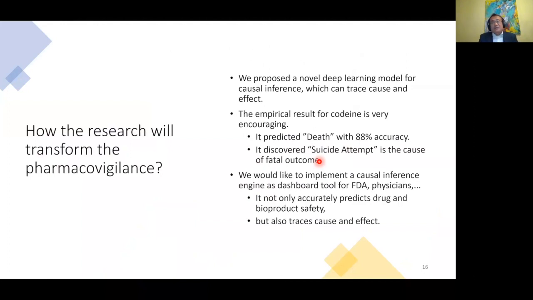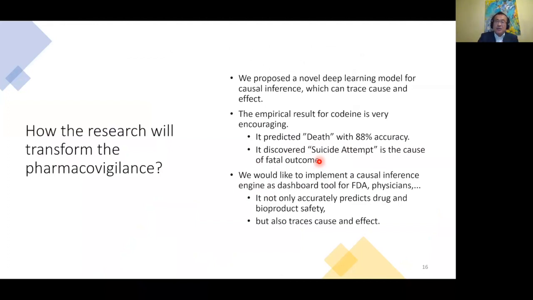Not only that, but the model can tell you, if you take this medication, you may have a potential of death as a clinical outcome. The tool can also show the physician or patient what they can do to avoid this severe outcome, maybe using the example of a suicide attempt.